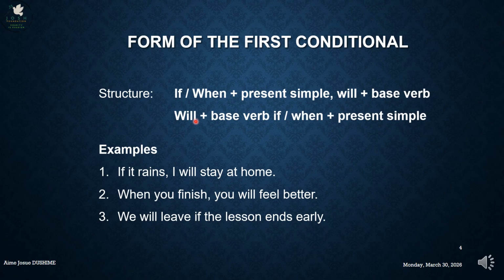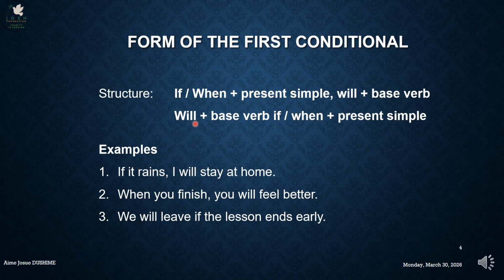Let's see the form. We use if or when plus present simple, comma, will V1, or will V1 if or when plus present simple. When I start with this one, I put a comma, then the future clause.